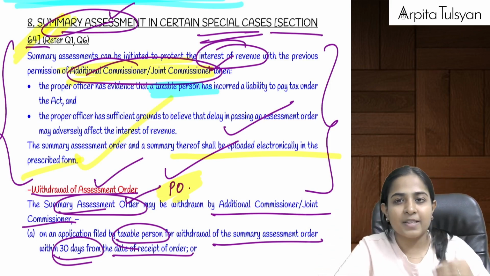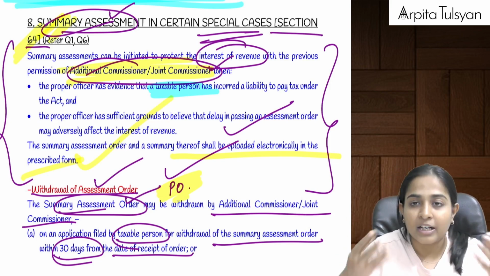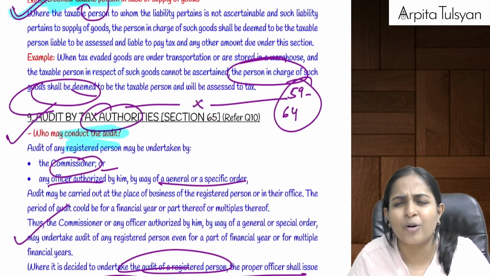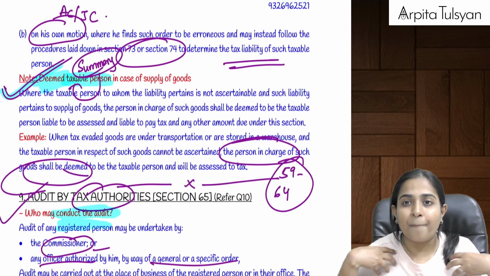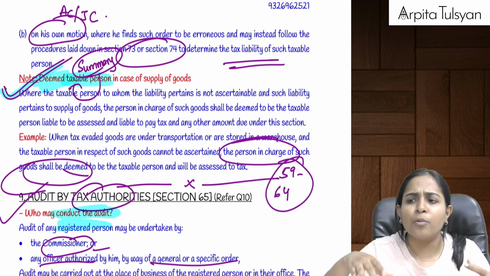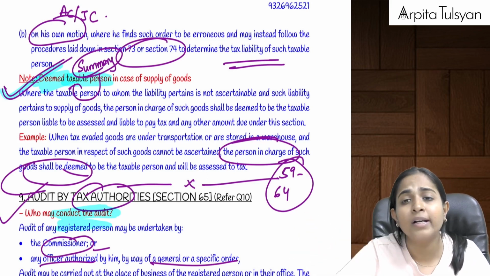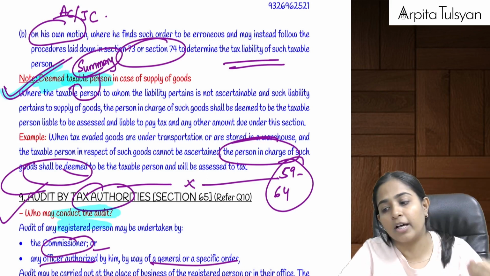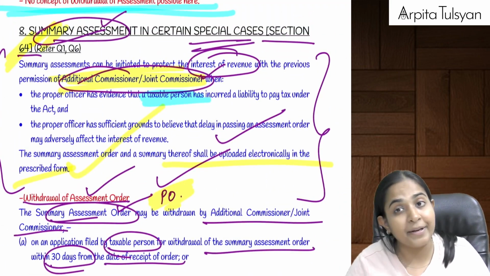If such a person makes an application to the AC or JC within a time period of 30 days of receipt of the summary assessment order, and if the AC or JC is satisfied that we should not have passed this, or is of the opinion that we have passed it erroneously, and we should proceed for recovery proceedings under section 73 or 74, and not do it summary wise or as per the summary assessment order, then in that case this summary assessment order can be withdrawn.